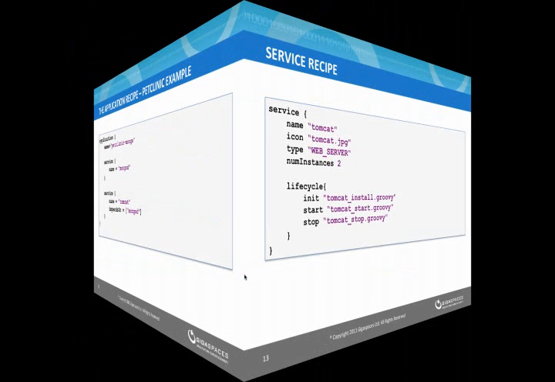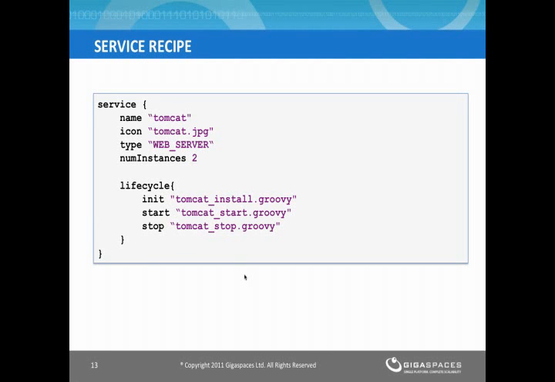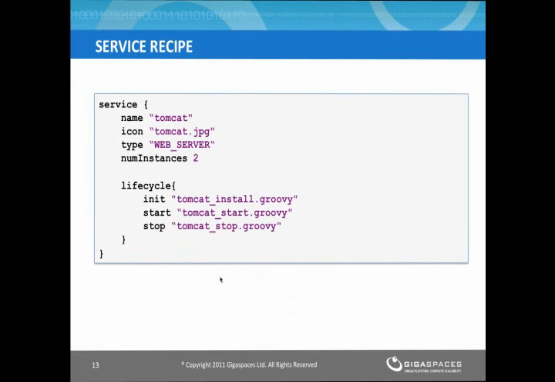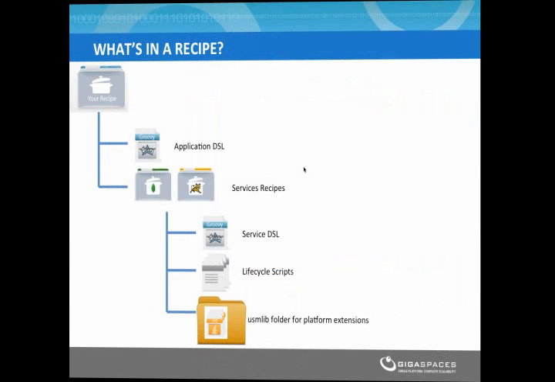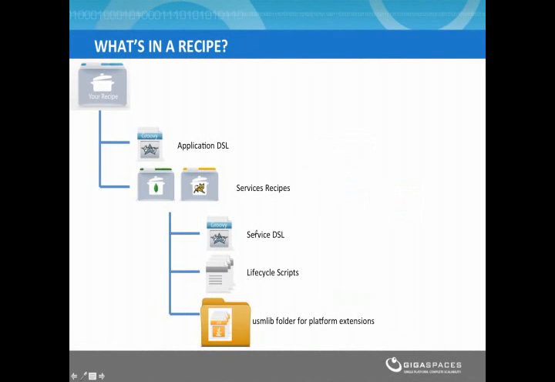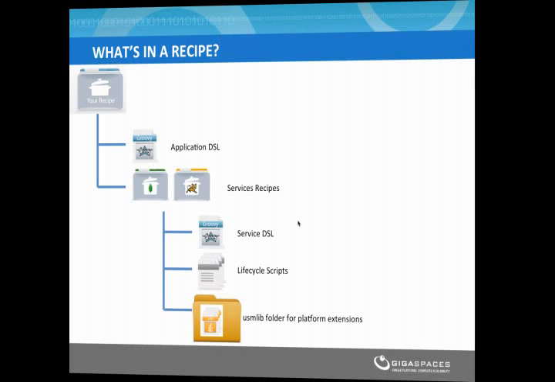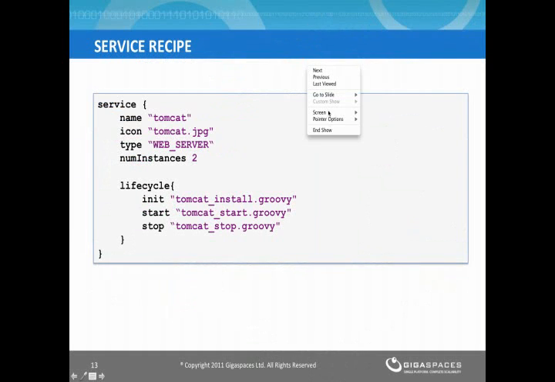The next snippet we're seeing here is from the service recipe. If we go back to the recipe slide, the service recipe is what we're seeing here. This is the part that describes each of the services, essentially what the name of the service is, how many instances, how to install it, how to start it, and so on and so forth. In our case, we're seeing an example for a Tomcat service.